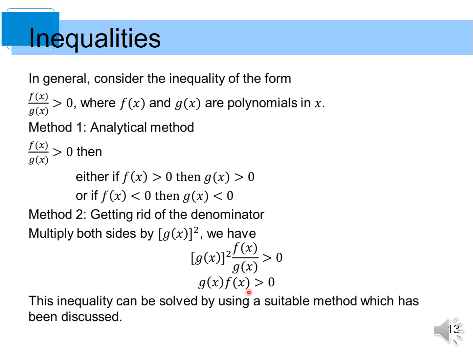And we solve the inequality. You can see here we have already got rid of the denominator, the g(x) function, and we form the polynomial g(x) multiplied with f(x).